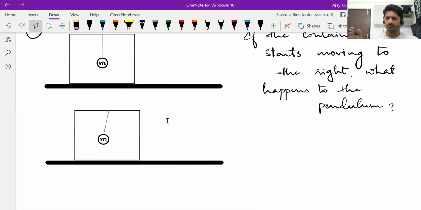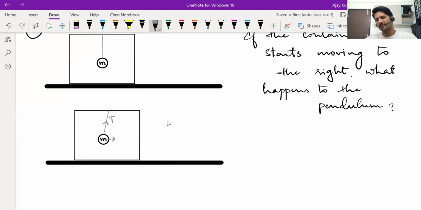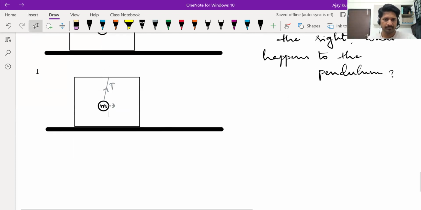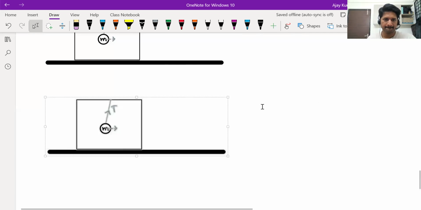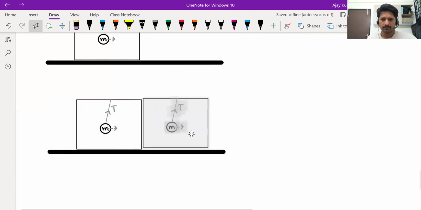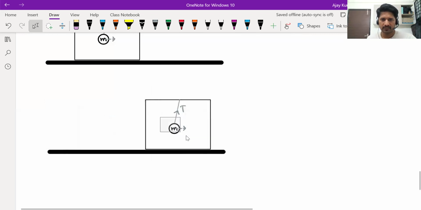The point of suspension moves in the direction in which the container moves. Now the tension is no longer vertical. It will have an X component that will make the bob accelerate to the right. After some more time, you may see something like this happening.